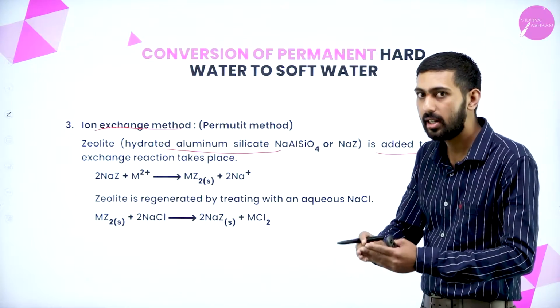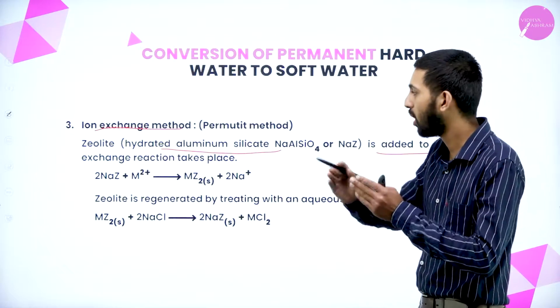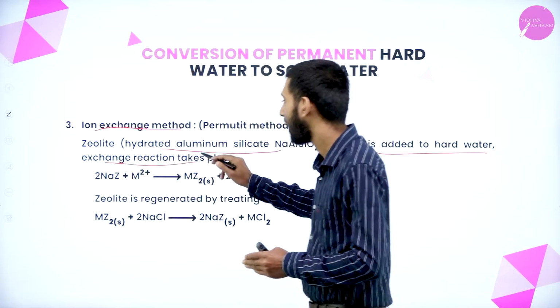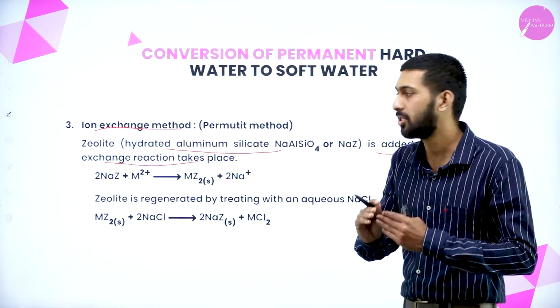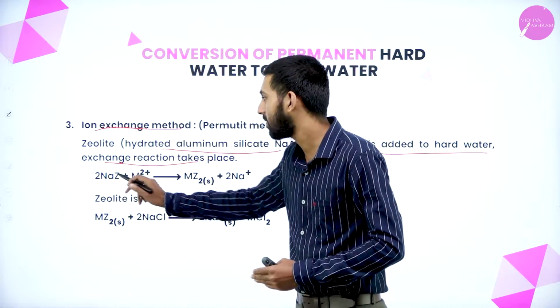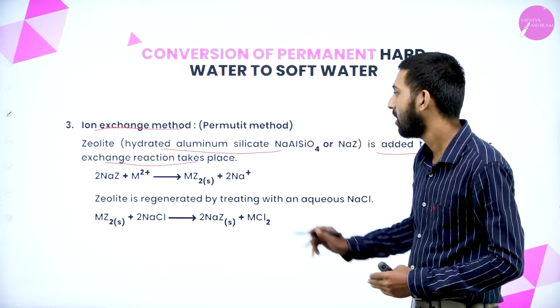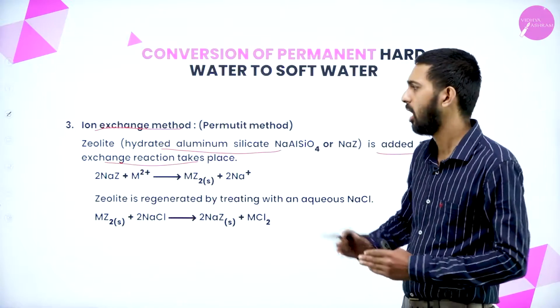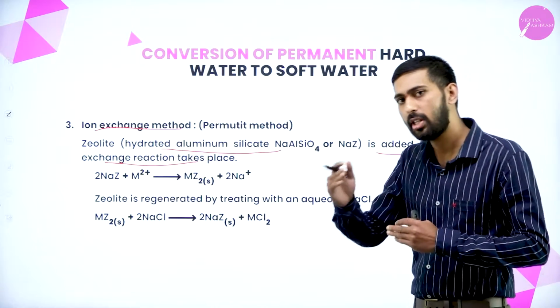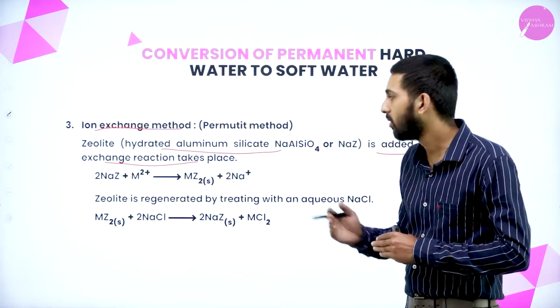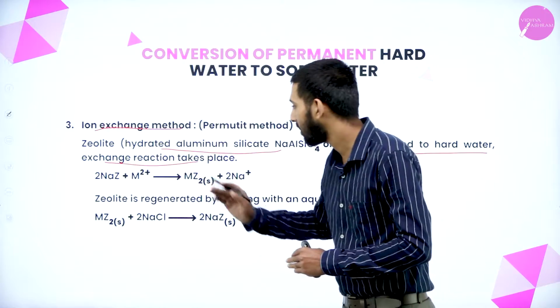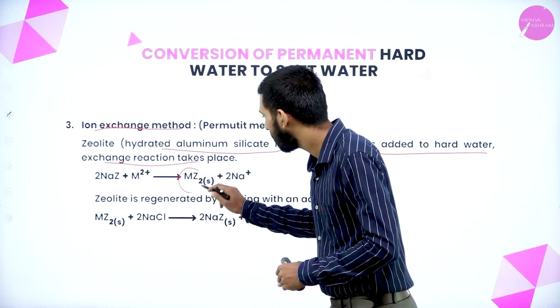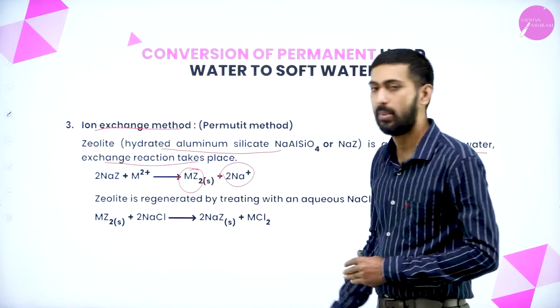If you add zeolite to hard water, exchange of ions takes place. Here you see NaZ. When aluminium silicate is added to hard water, NaZ plus M2+ gives MZ2 plus 2Na+.